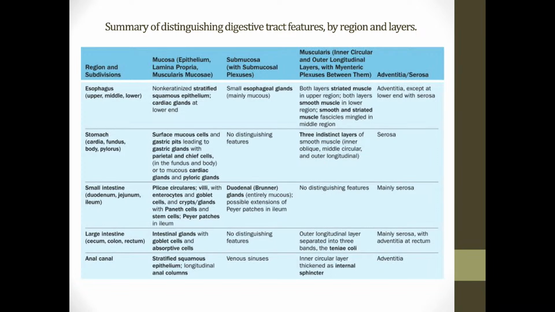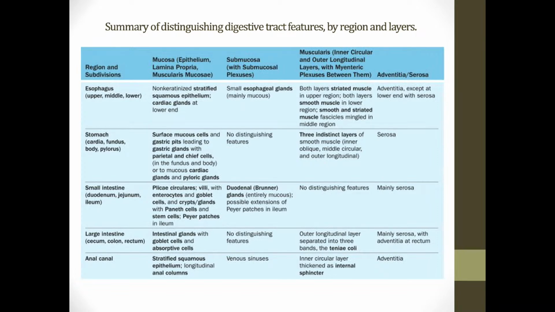Both layers are striated muscle in the upper region, and both layers are smooth muscle in the lower region, and mixed smooth and striated muscle fascicles are in the middle part, the middle third of the esophagus. The outer layer is adventitia, except at the lower end, which is serosa.